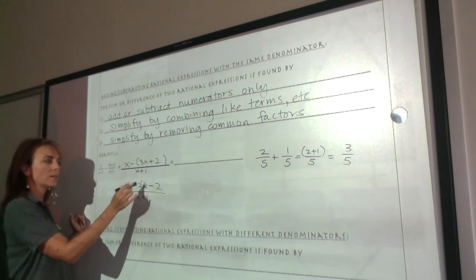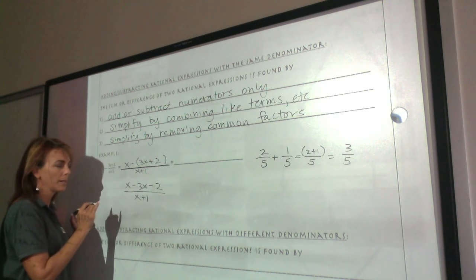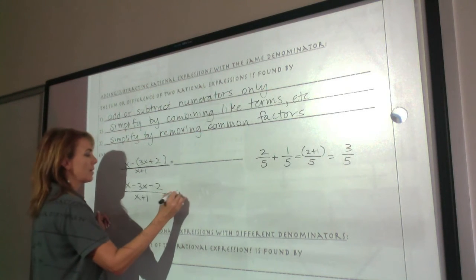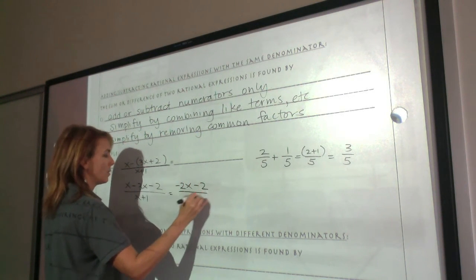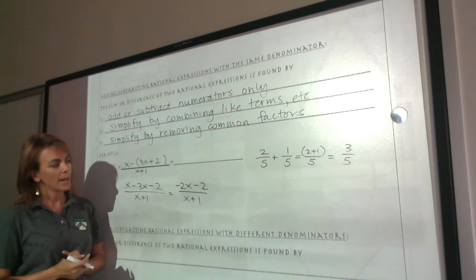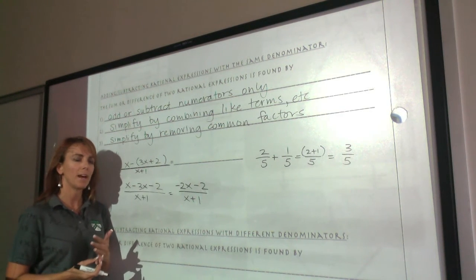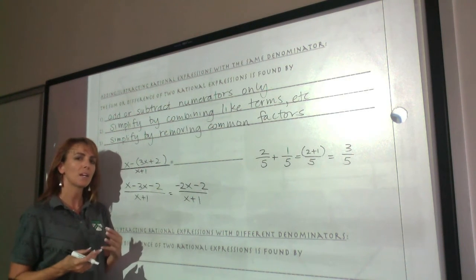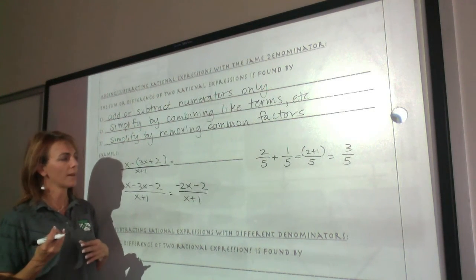Okay, so now I want to combine my like terms, and I've got x and minus 3x here, right? So I end up with negative 2x minus 2 all over x plus 1. Now I see in the top that I have a common factor. So I want to think about what would happen if I divided out that common factor.